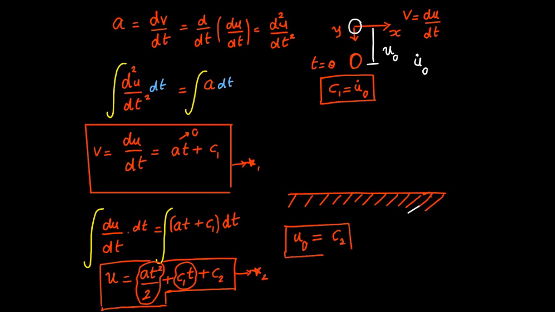Having computed the value of c1 and c2, I can now substitute them in star equations 1 and 2 to get the expression for velocity at any instant of time, which is going to be v equals at plus c1, which is u naught dot.